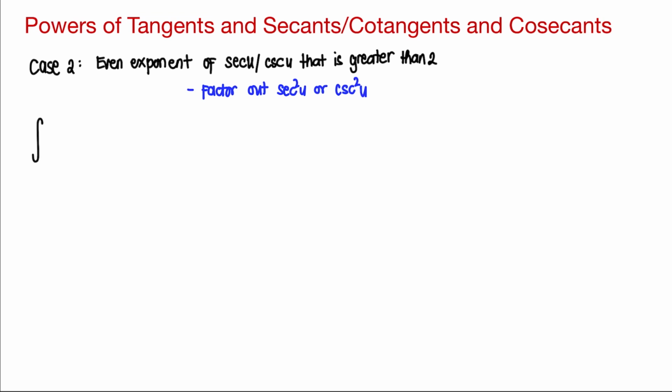We want to evaluate the integral of tangent of x to the power of 5, secant, let's say for example, squared x dx. So if the exponent is already 2, then we'll just let u equals tangent x and then perform simple substitution.